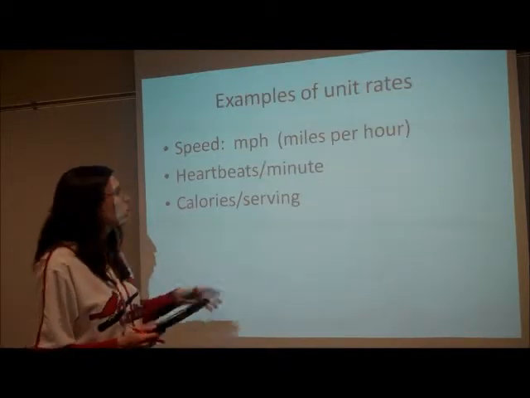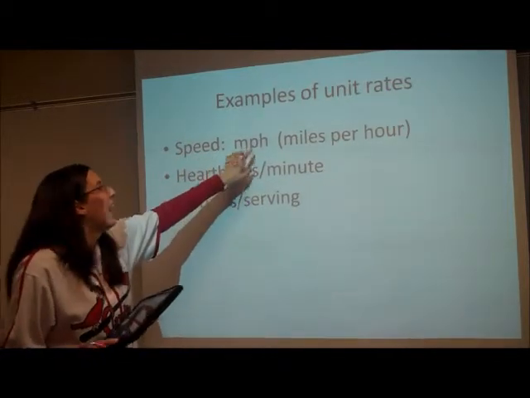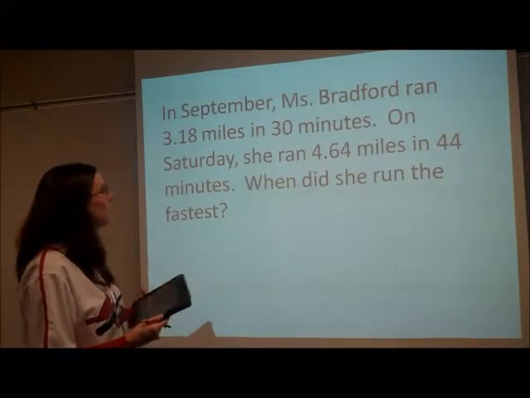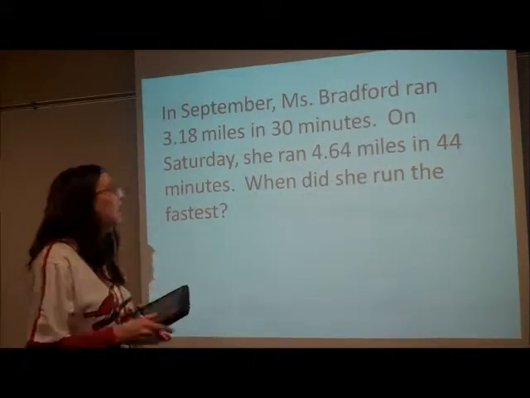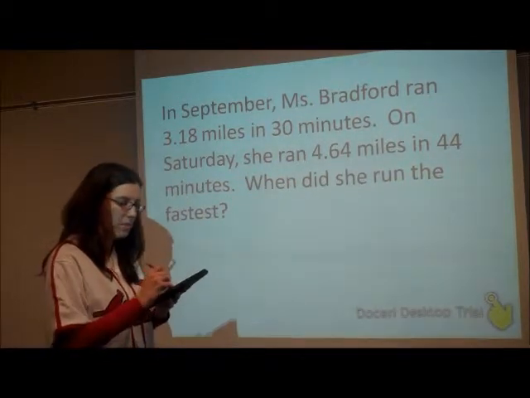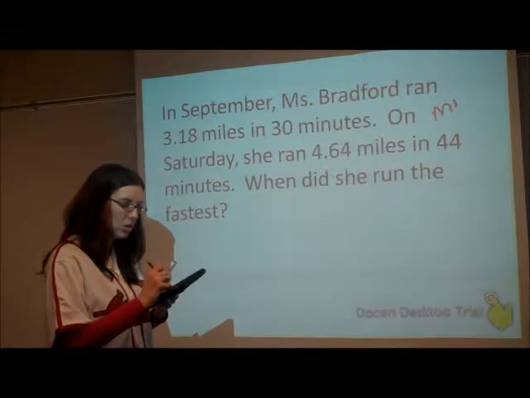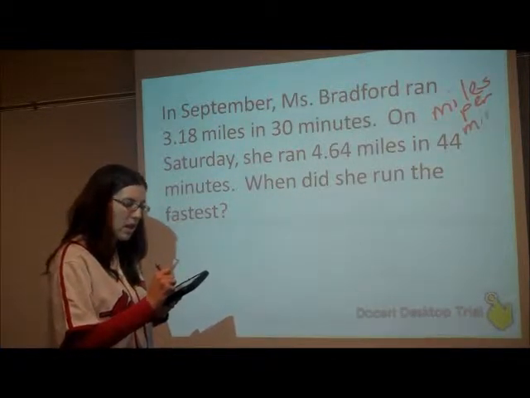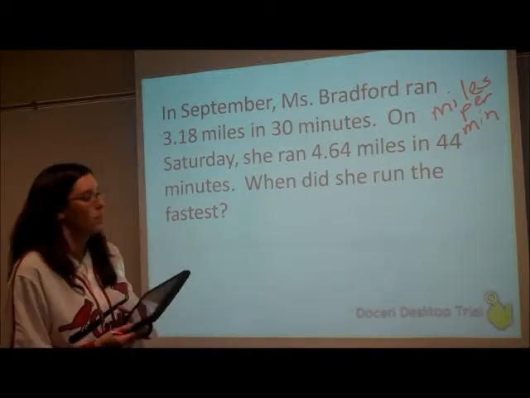So again, this is going back to our speed. I'm not really going to measure miles per hour, but looking at my units, I can measure in miles per minute. That's what I'm going to be looking for.